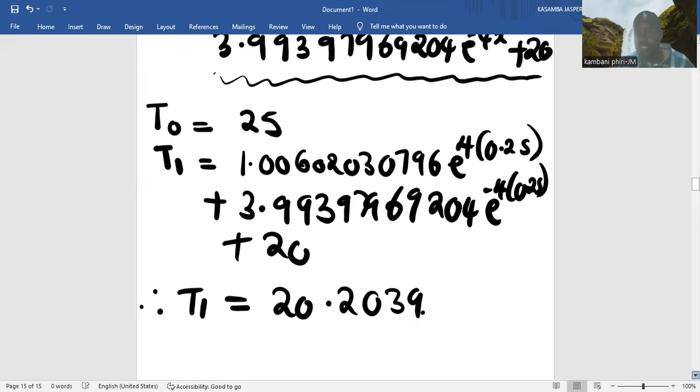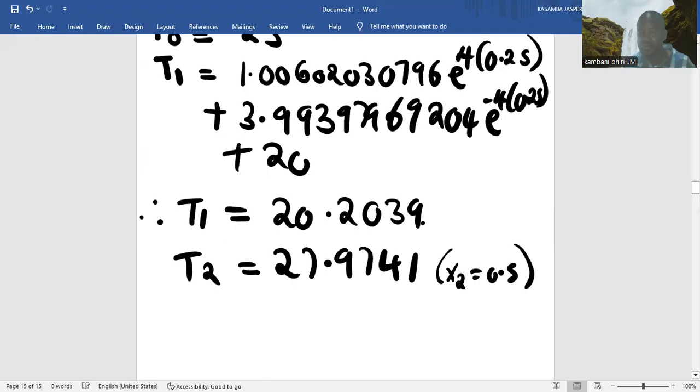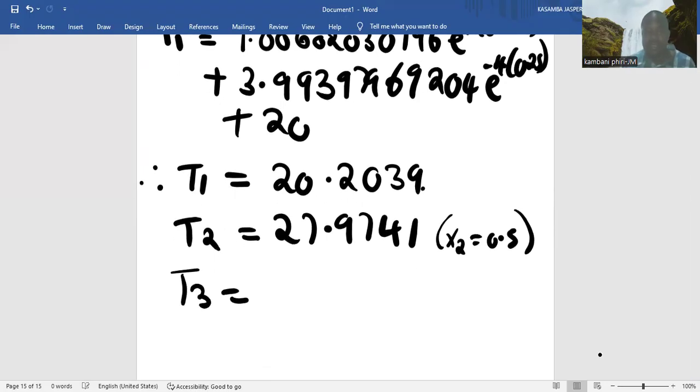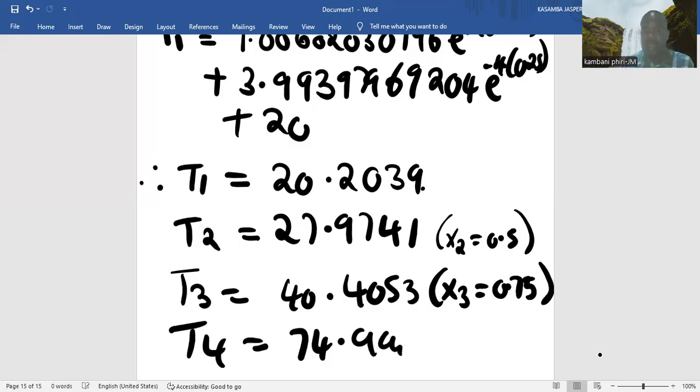24.2039. Continuing in this manner, T2 will be 27.9741. You can counter check, because for T2, take note, X2 is 0.5. Then T3 will be 40.4053 because your X3 is 0.75. Then T4 will be 74.9999, which when you round it off is the same as 75, because our X4 is 1.